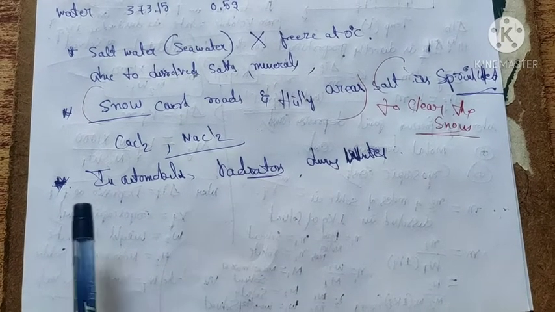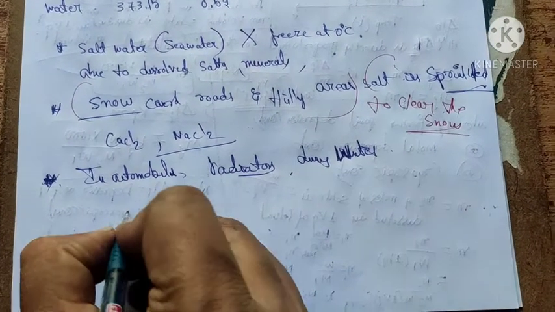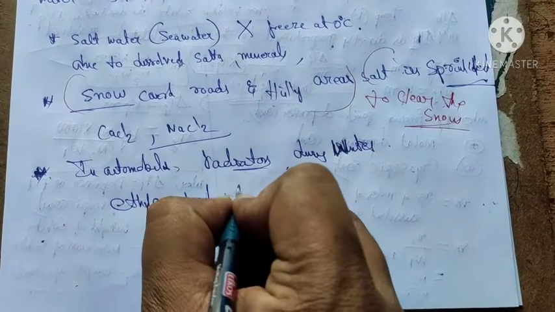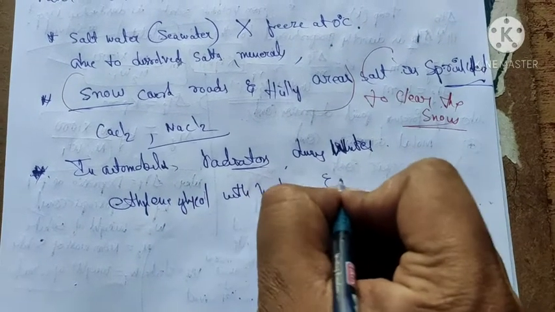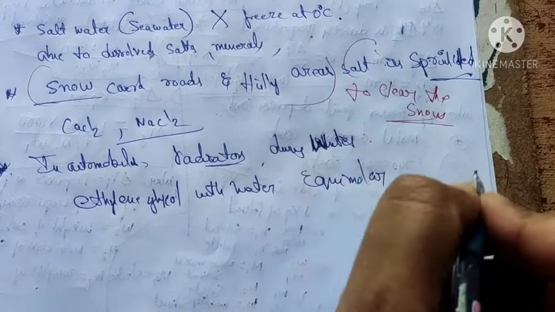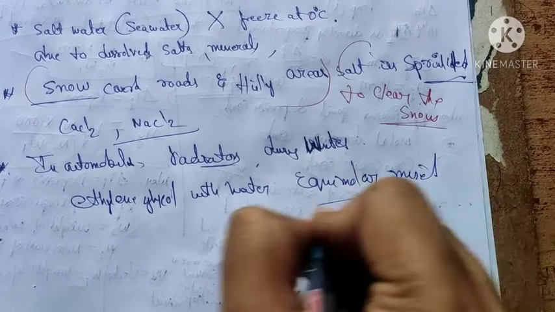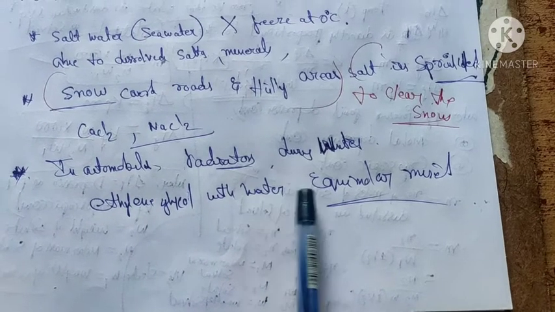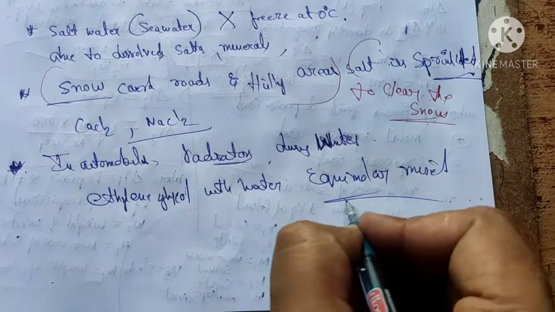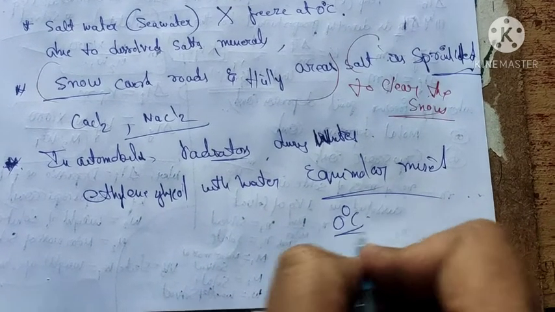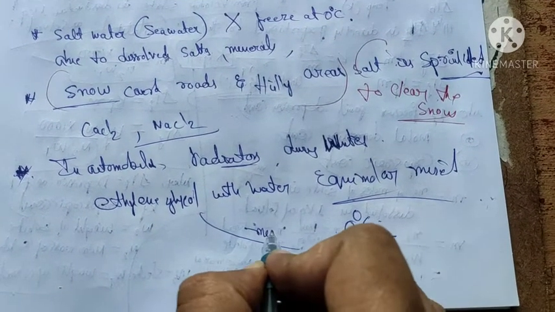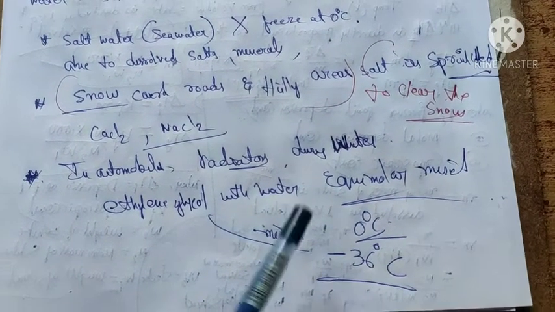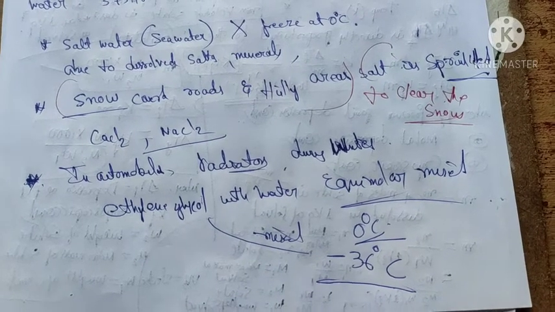To avoid that, we mix ethylene glycol with water in an equimolar mixture. Water freezes at 0 degrees Celsius, but when mixed with ethylene glycol, it freezes only at minus 36 degrees Celsius, a lower temperature.